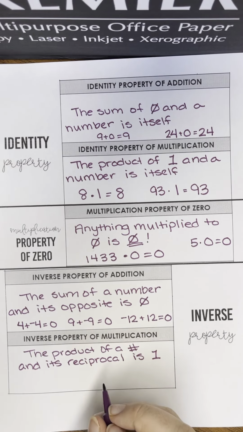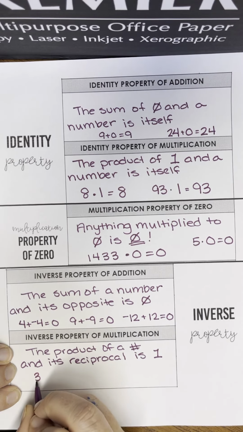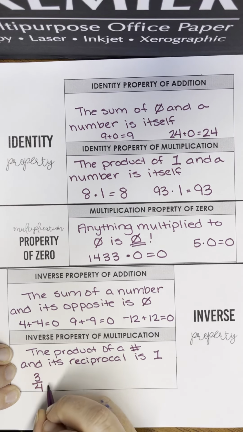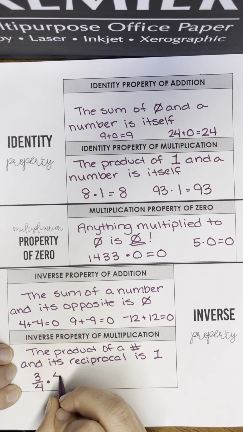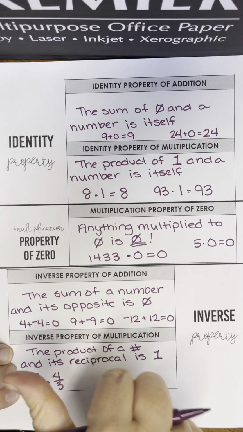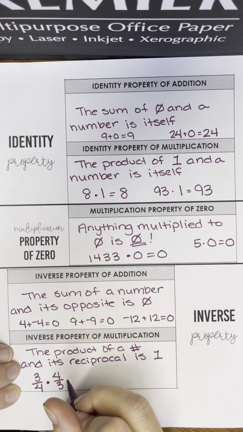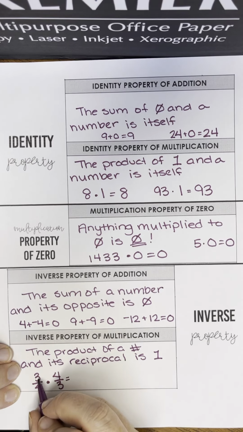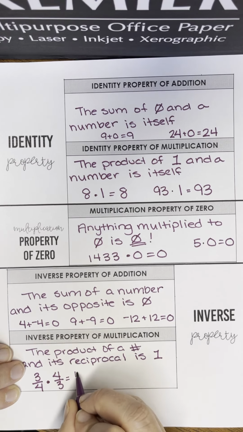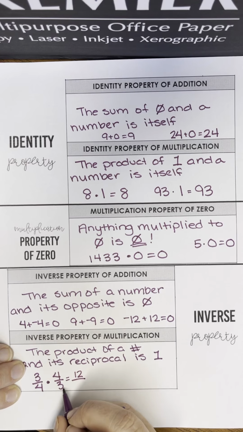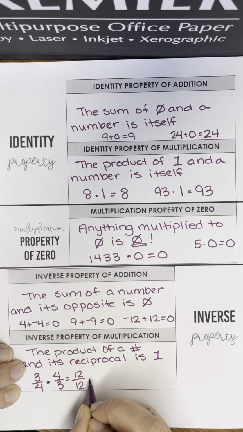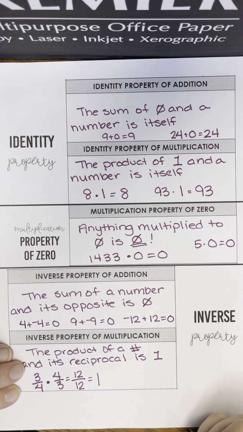Reciprocal is when we flip our fraction. Okay, so for example, if we have 3/4, the reciprocal of that would be 4/3. We just flip that fraction around, and that will equal 1, because think about it, 3 times 4 is 12. 4 times 3 is 12. Well, 12 over 12 is equal to 1.